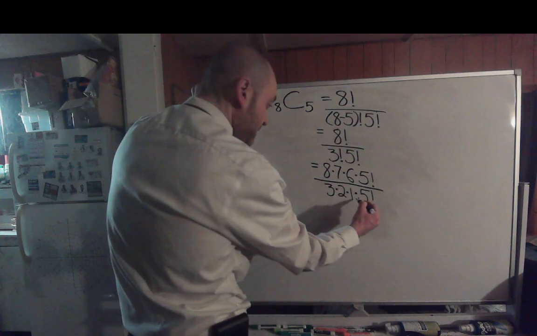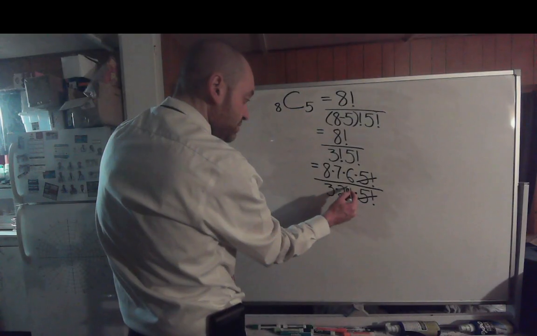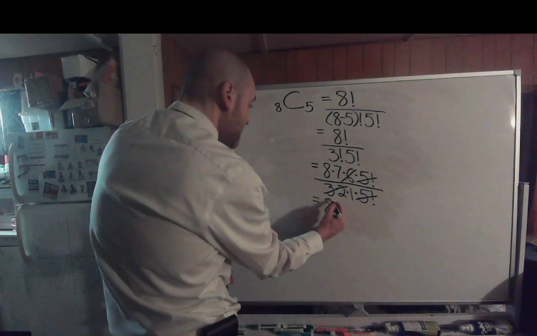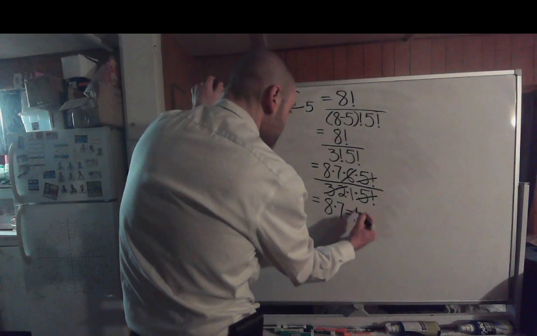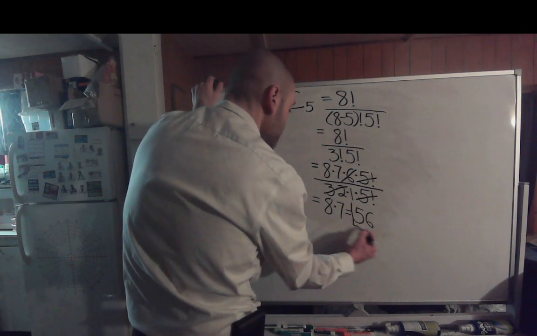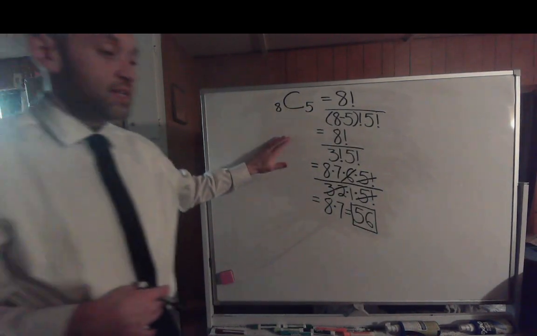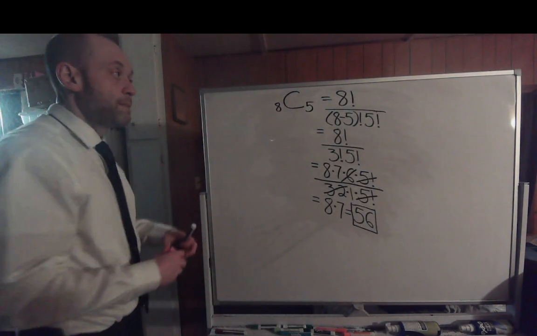Well, my 5 factorials cancel out. 3 times 2 is 6, so those and the 6 will cancel out. I'll literally just have 8 times 7, which means there are 56 different combinations. So for 8 items taken 5 at a time, there are 56 possible combinations.